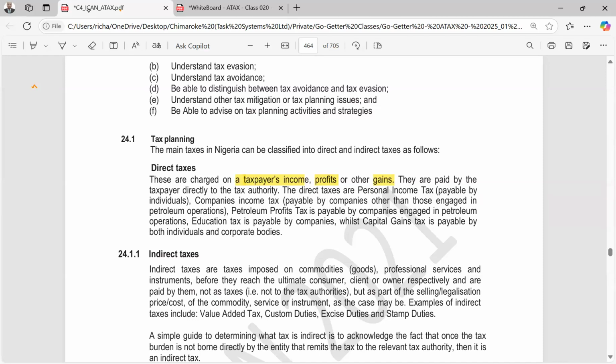They are also paid directly by the taxpayer to the tax authority. So two things here: it is charged directly on your income, profit, or gain.